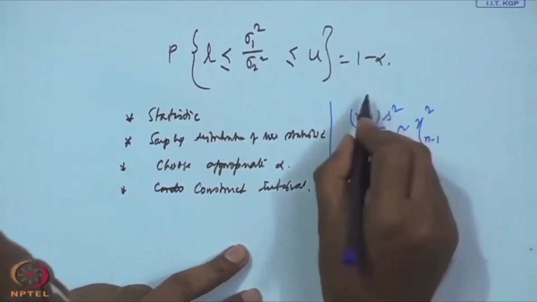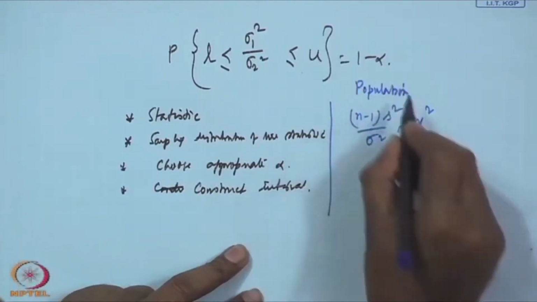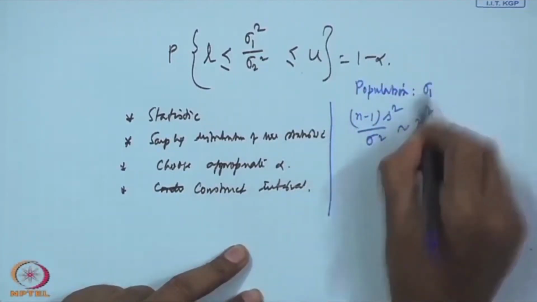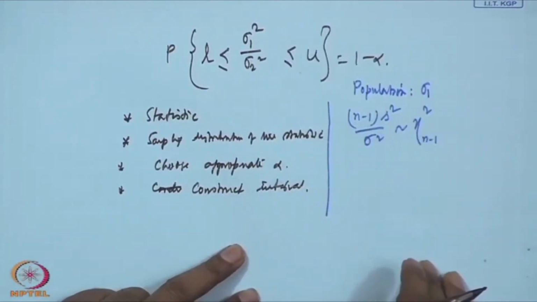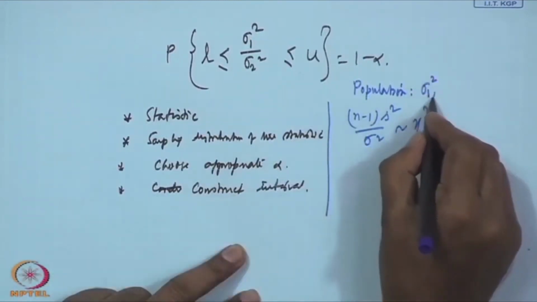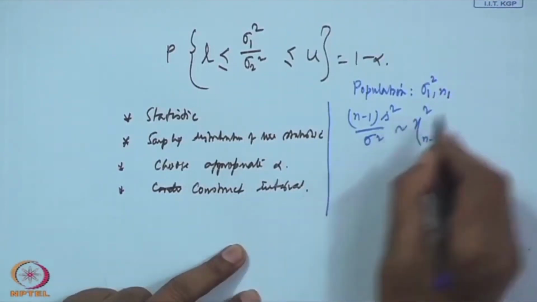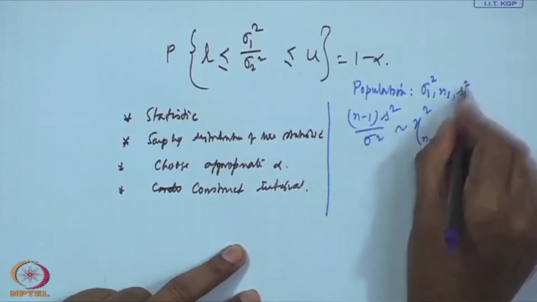Now, let us see population 1, where sigma 1 square is the variance. You have collected a sample of size n 1 and computed S 1 square.